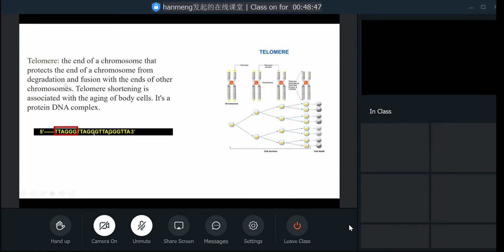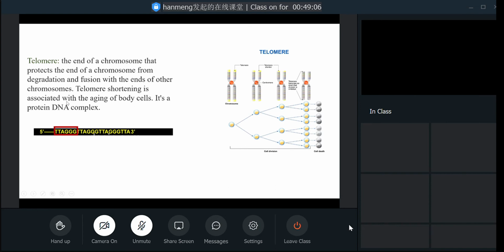The telomere is the end of a chromosome that protects it from degradation and fusing with the ends of other chromosomes. Telomere shortening is associated with the aging of body cells.